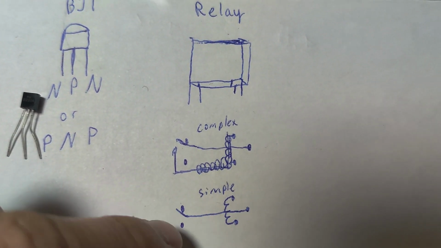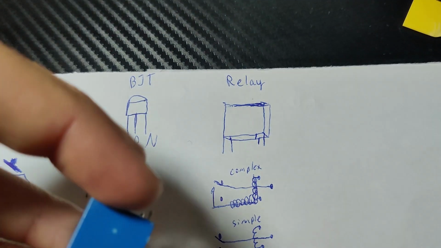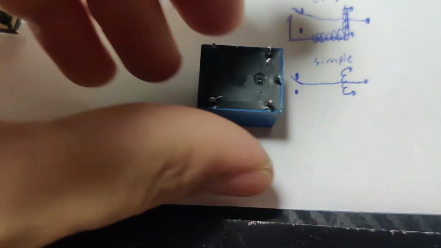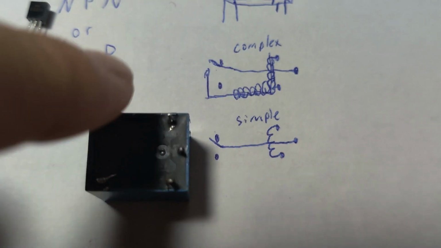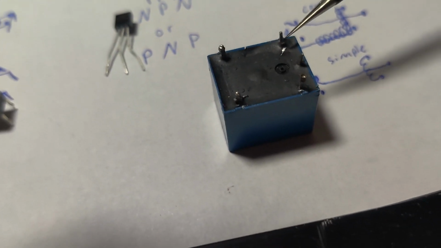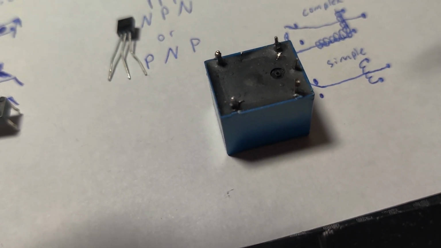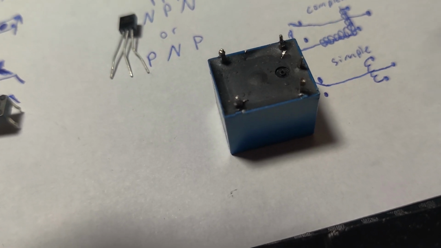So this is the simple version, and on a relay it has 5 things. So here, let me use my, we got this one right here and this one right here, you see, is the inductor, is the magnet, that's the electromagnet.